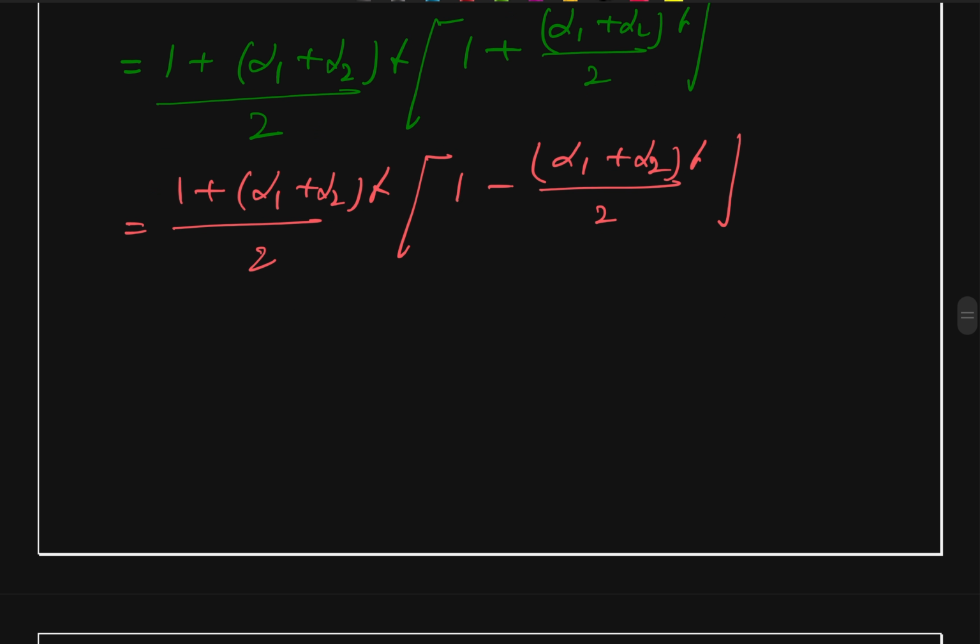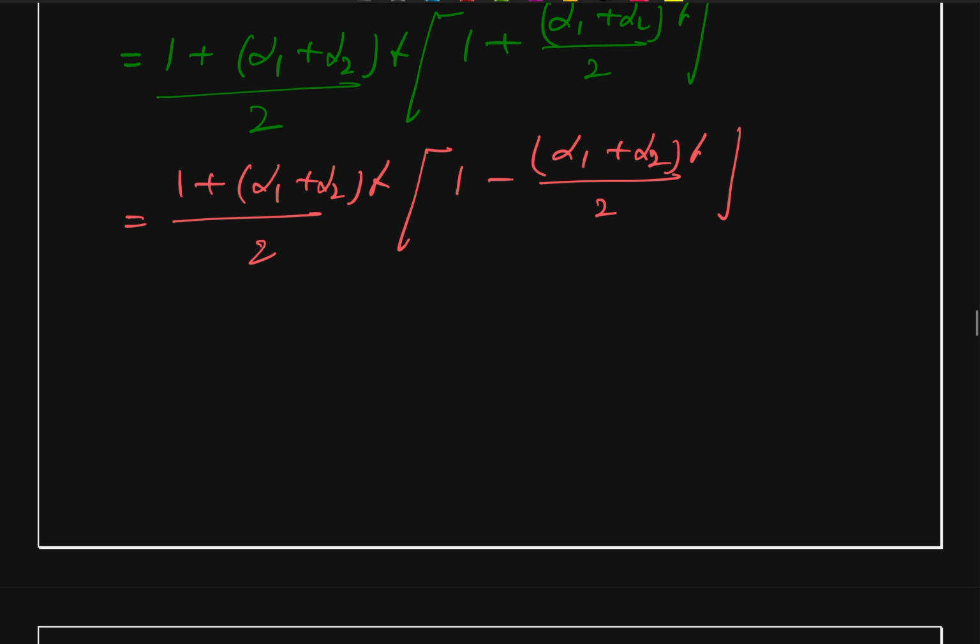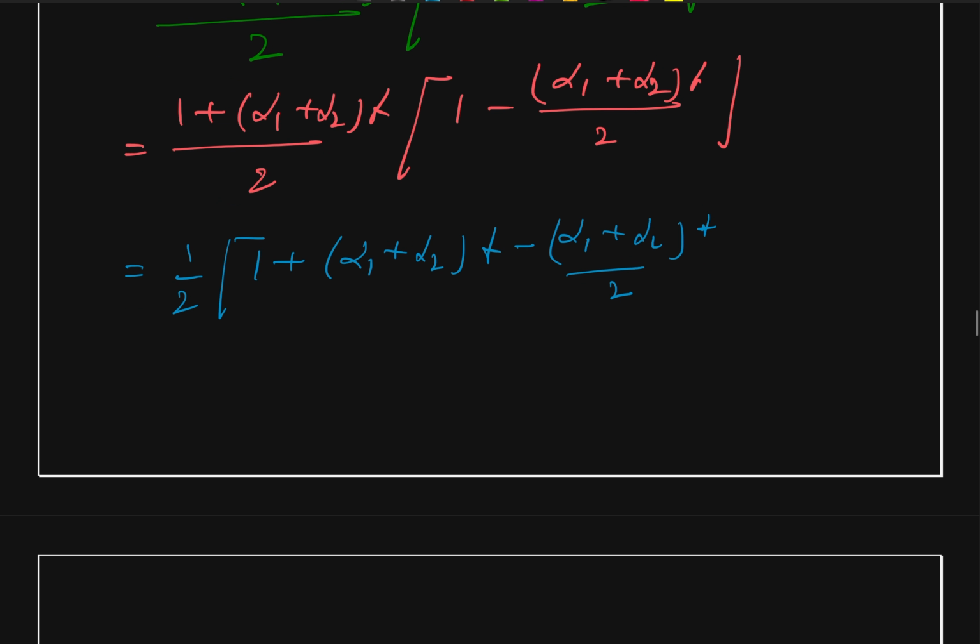Now we simply multiply it inside and we get 1 by 2, and we are left with 1 plus alpha 1 plus alpha 2 times T, and this will be minus alpha 1 plus alpha 2 times T divided by 2, and this will be minus alpha 1 plus alpha 2 whole square T square divided by 2.